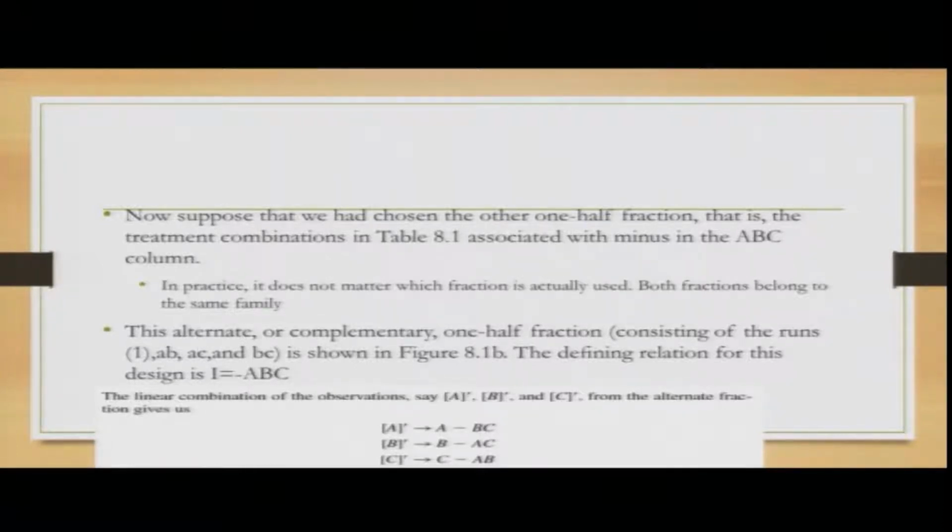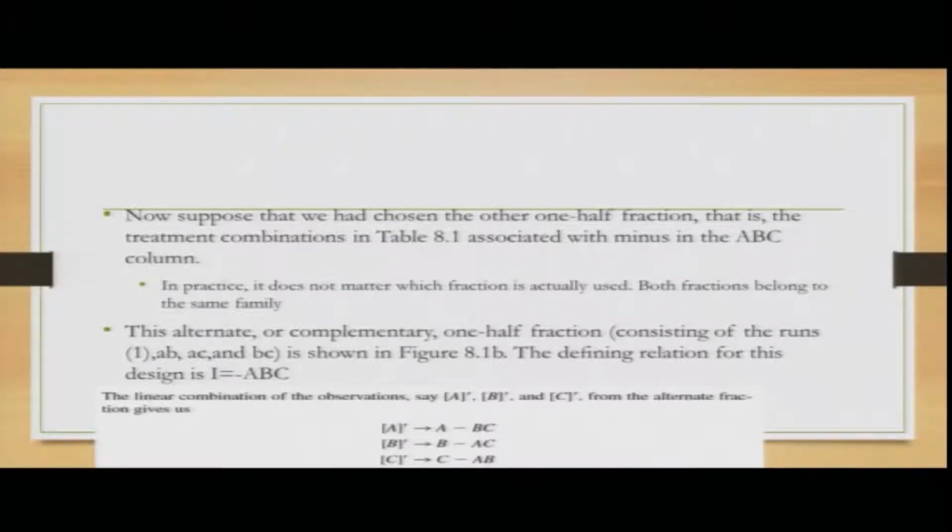This alternative or complementary one half fraction, consisting of the runs of I, AB, AC and BC, is shown, and this defines the combination so that you can find out the overall effect of the I, or the identity, for the combination of ABC if there are 3 factors. The linear combinations of the observations are given as A prime, B prime and C prime.